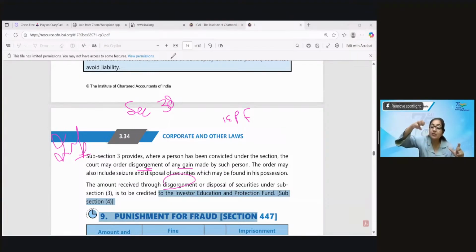Disgorge कर लेना means पूरा का पूरा ले लेना. पूरा पैसा जो भी आपने कमाया है, गवर्नमेंट कैन टेक दैट फुल. डिसगॉर्जमेंट का जनरल मीनिंग होता है टू लेट आउट समथिंग, completely taking out anything. So वो आपका फुल गेन आपका ले लिया जाए.